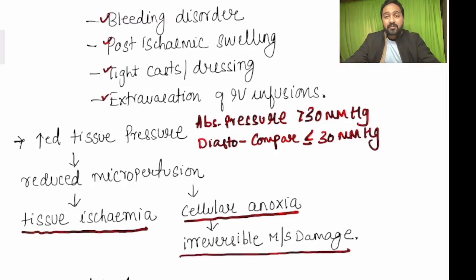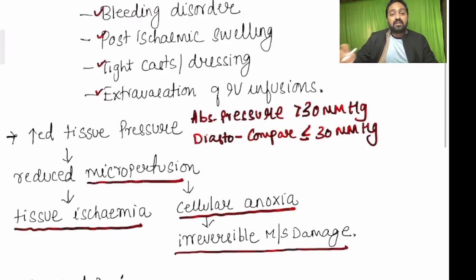So an absolute pressure of more than 30 mm of Hg, or a difference of diastolic minus compartmental pressure of less than 30, is usually considered the threshold pressure. Increased tissue pressure causes reduced microperfusion, which causes cellular anoxia and tissue ischemia, resulting in irreversible muscle damage.